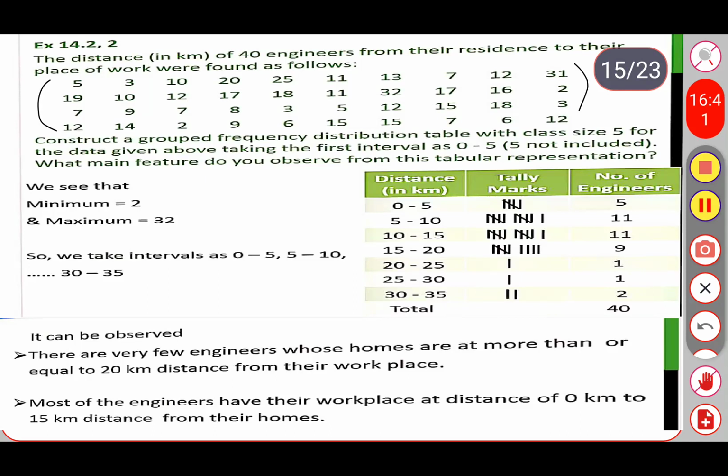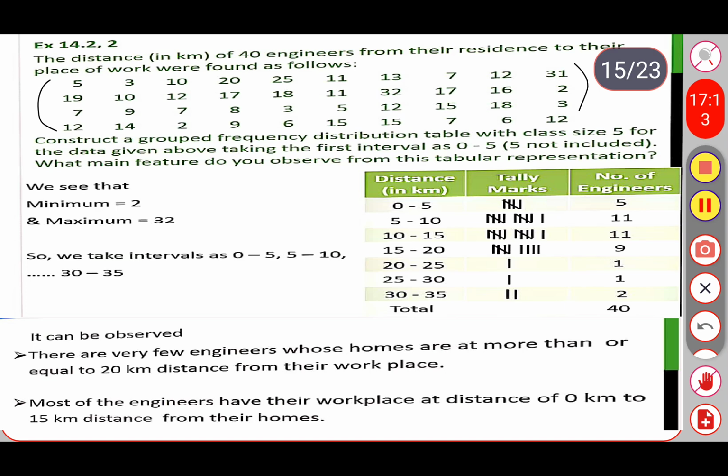The distance from their residence to their working place is mentioned here. So construct a grouped frequency distribution table with a class size 5 for the data given above, taking the first class interval as 0 to 5. Here 5 is not included. What main features do you observe from this tabular representation?